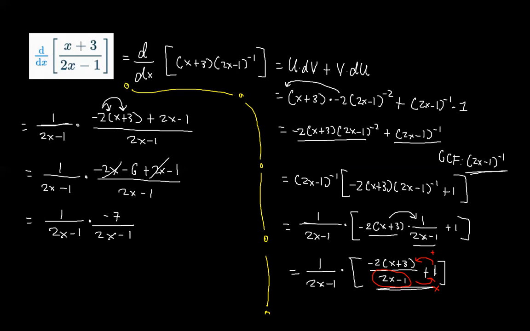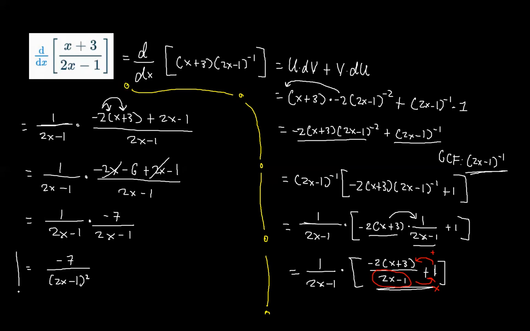So we're multiplying two fractions here. As a result, we're going to have negative 7 all over 2x minus 1 squared. You see, it's the same as the answer we solved with the previous method, which is the quotient rule of differentiation.